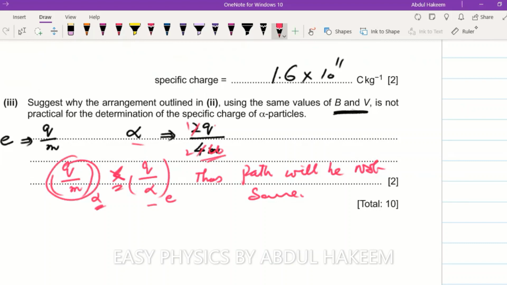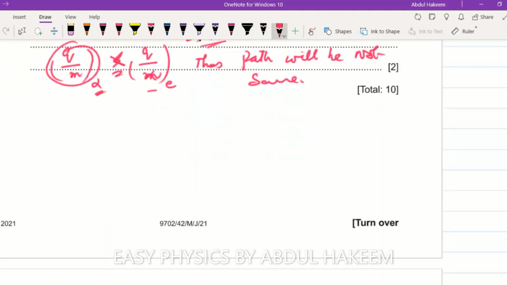So the path would not be the same, because here there is no calculation. We just mention that both charge to mass ratios are not similar, so the path is not similar. There is no need to mention greater or smaller because no calculation is done.